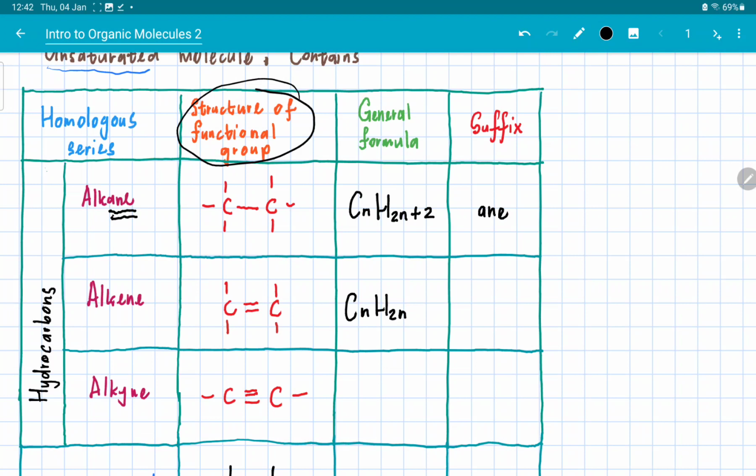CnH2n. If you look at the spots, there are always two fewer hydrogens, so the plus 2 is no longer there, hence CnH2n. Because the word alkene ends with ene, that means it will be an alkene.